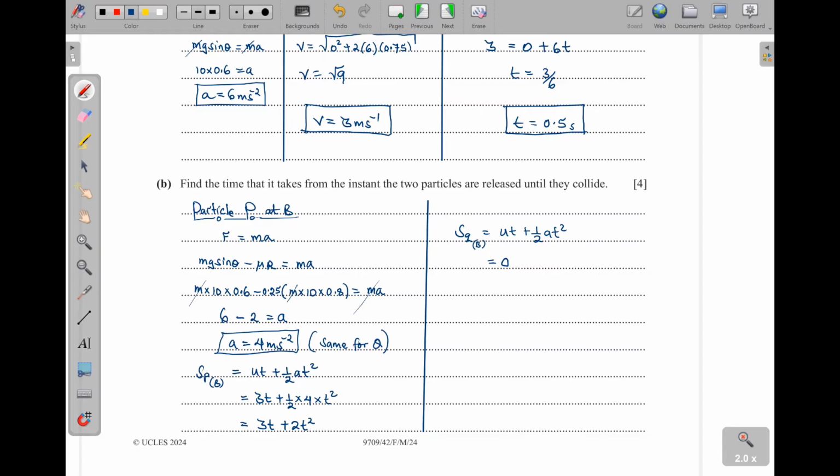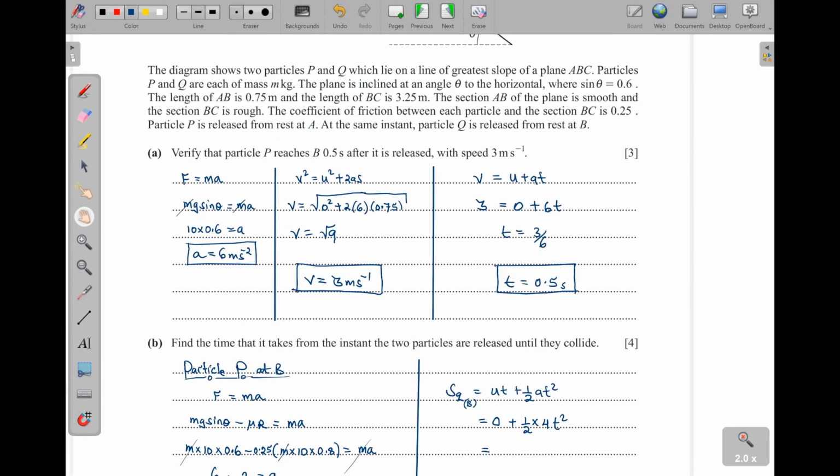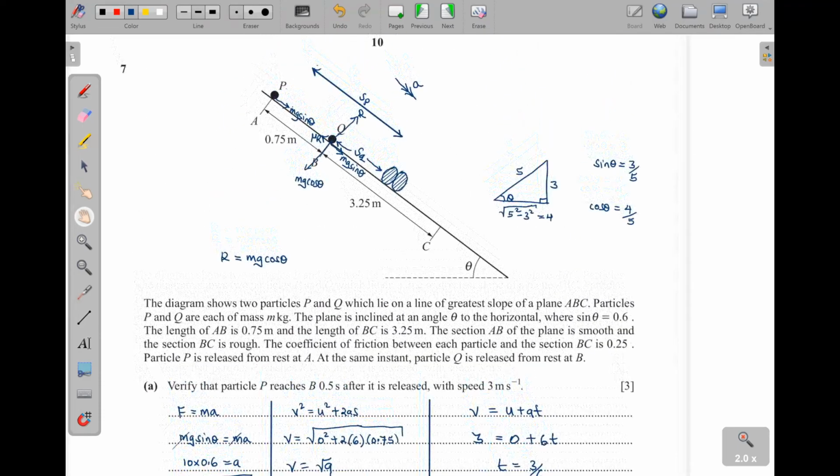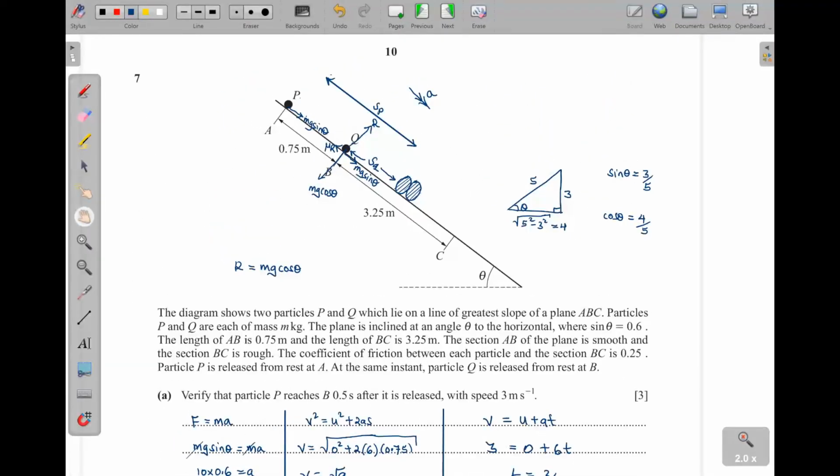So the initial speed for Q was 0, plus a half, the acceleration is 4, so 4 times T squared. So the time they take in here, the T, it's the same T there.